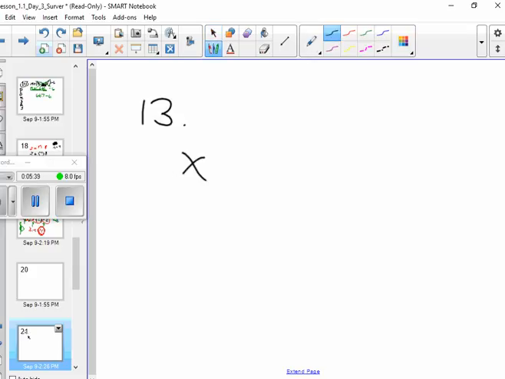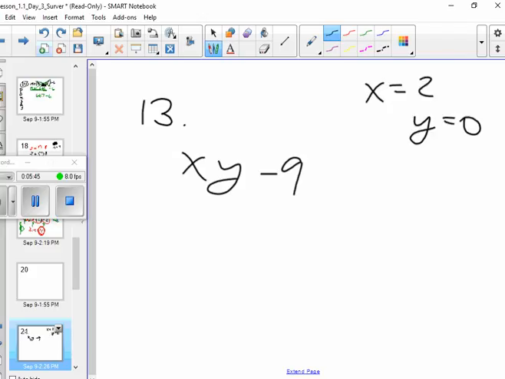xy minus 9 when x equals 2 minus 0. First step. JG, first step. You can do this. Yep, for problem 13. Why are you getting -1? Isn't that x is going to be what?